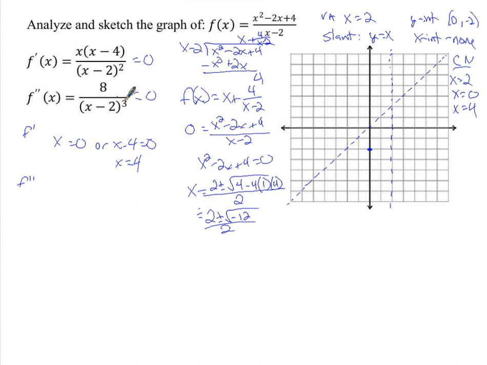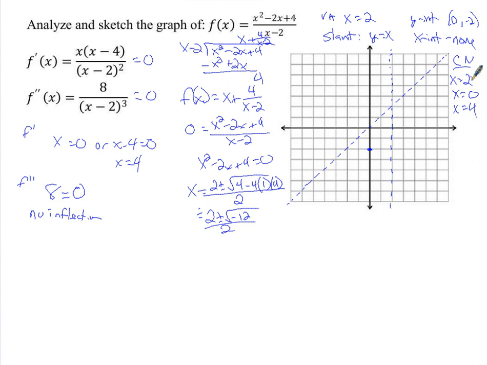When I do that, the denominator disappears and I'm left with 8 equals 0, which means, since that's not true, we have no inflection. So let me write no in front of that. No additional inflection points, not including that vertical asymptote. So these are the only critical numbers I need to address.